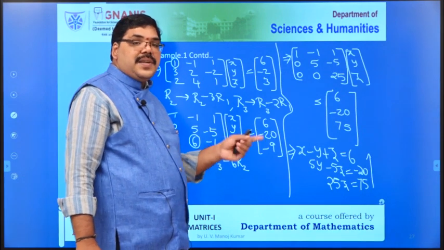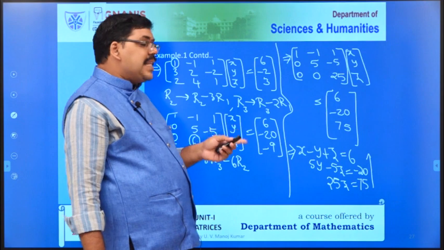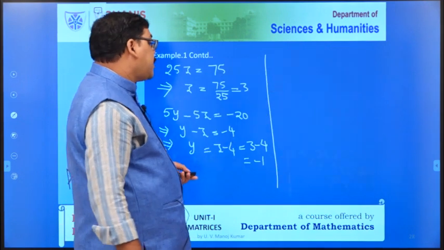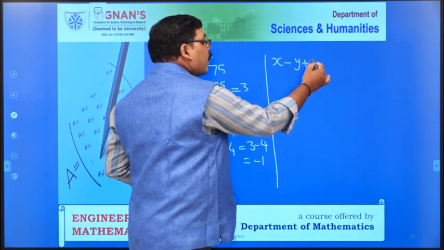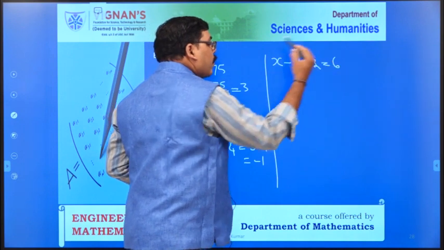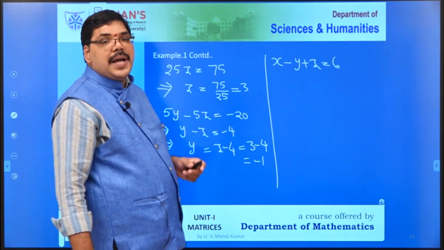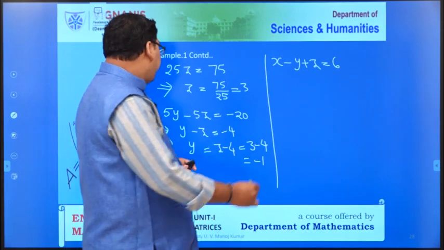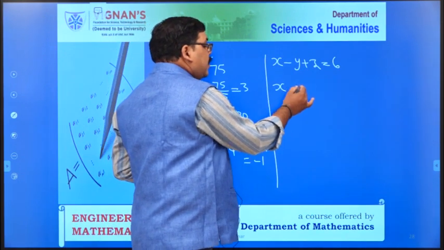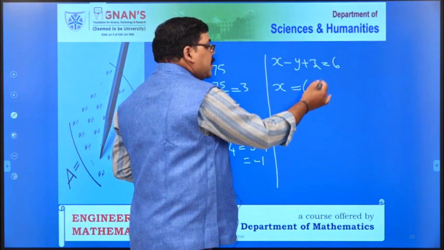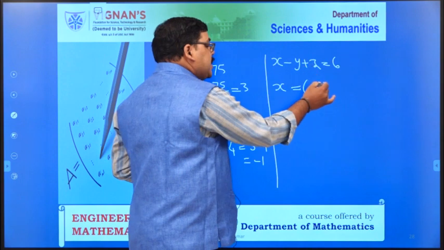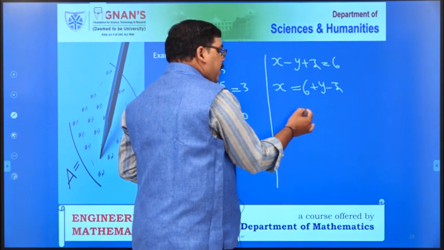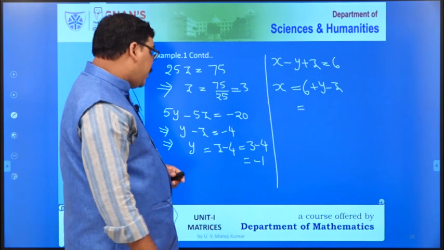Now, see the first equation. x minus y plus z equals 6. In that you substitute the values of y and z and find x. x equals 6, minus y becomes plus y, plus z becomes minus z when you bring them to the other side of the equation.